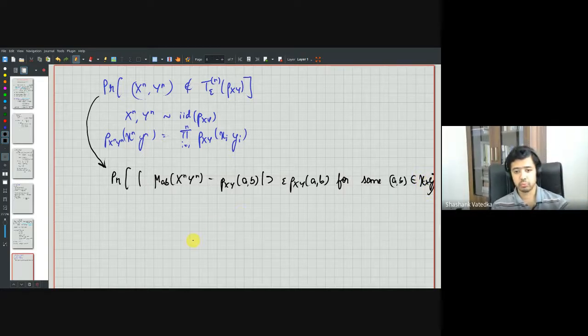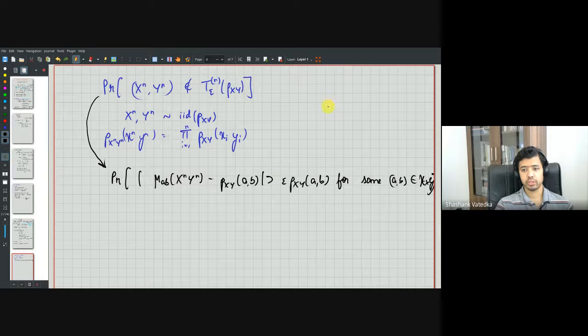So even if there is one particular pair of symbols where the actual fraction of occurrences is very different from the true probability, then it is not typical. For it to be typical, mu_AB(x^n, y^n) should be close to P_XY for all a, b.